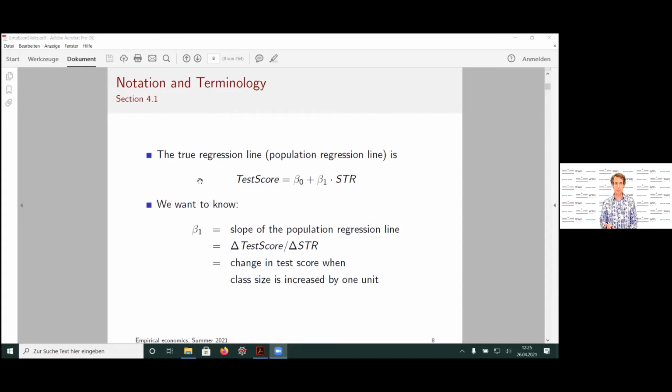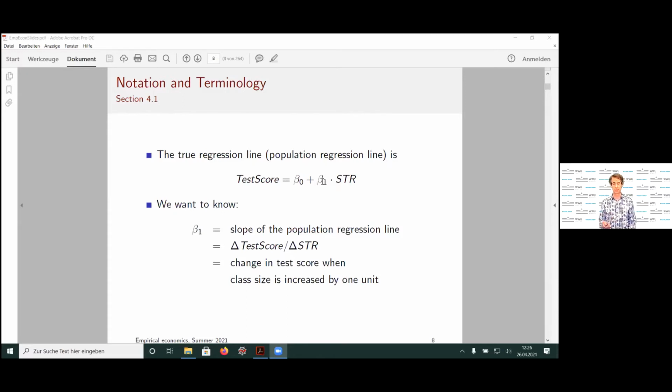We start with what is called the population regression line, which at first sight is disappointingly simple because we just assume a linear relationship between class size, STR, on the right-hand side and the test score on the left-hand side. It's linear because we have a coefficient beta naught and a coefficient beta 1. Beta naught is the intercept and beta 1 is the slope coefficient.